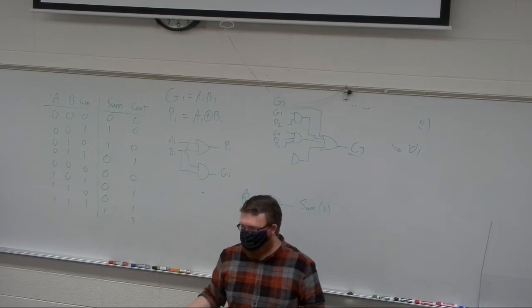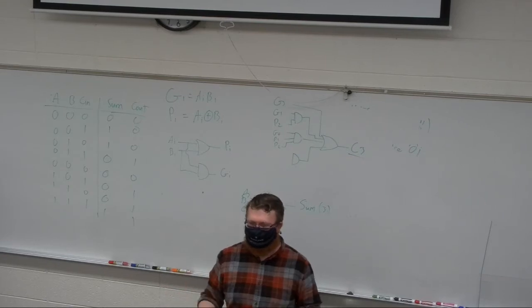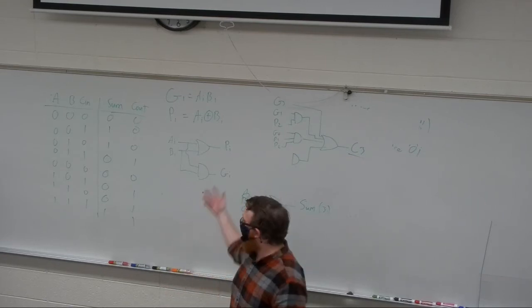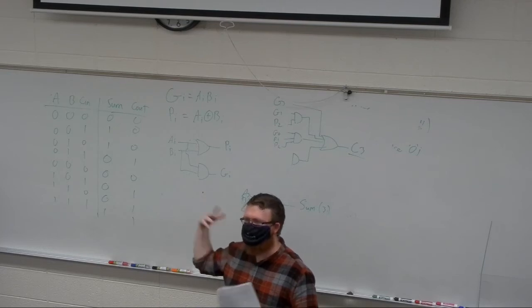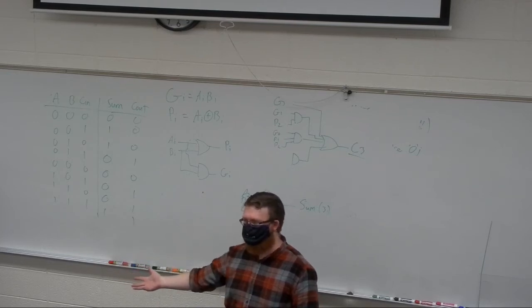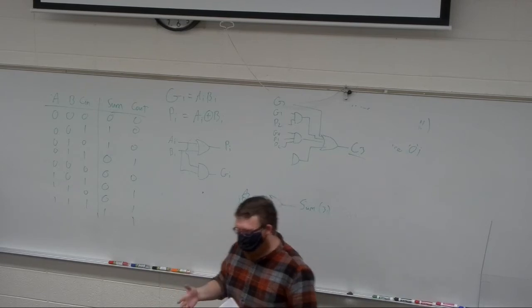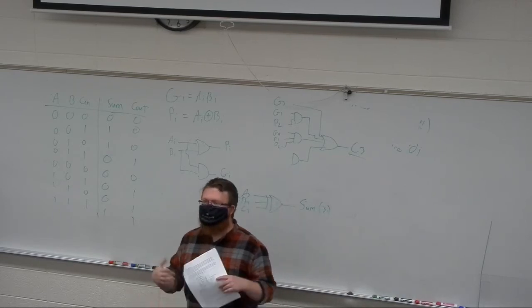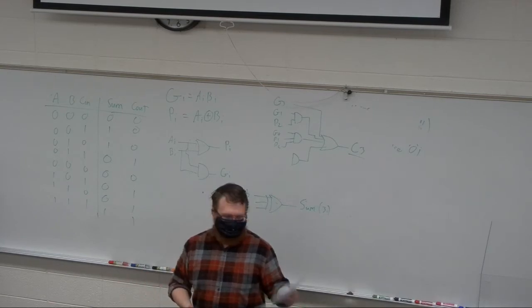Now there's one additional challenge to this. If I want to stick multiple of these adders together, fast adders, so let's say I've made an 8-bit ripple carry, or fast carry, sorry. I can stitch them together, but I need to generate a carry out from these.